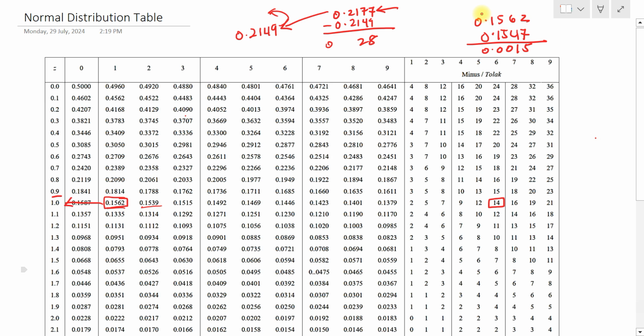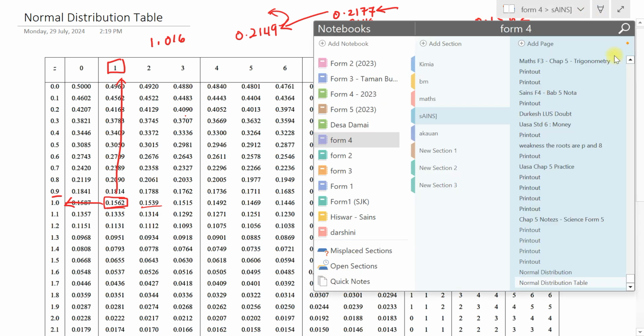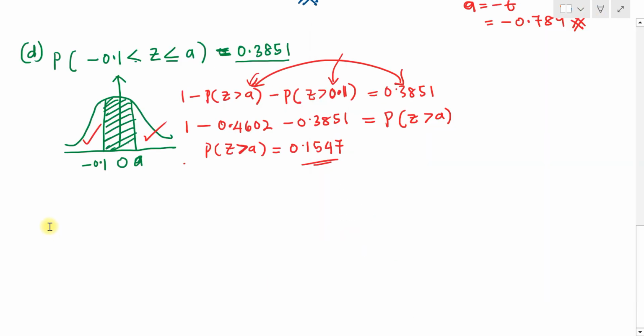You baca ini. 1.01 and 6. 1.016. Okay. So, your A is equal to 1.016. Because your A is positive, no need to put negative t.